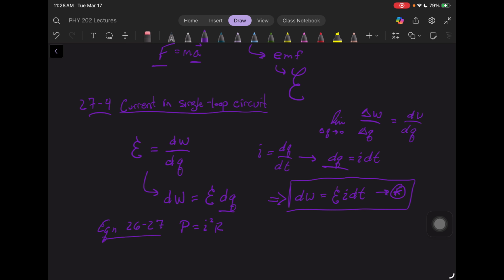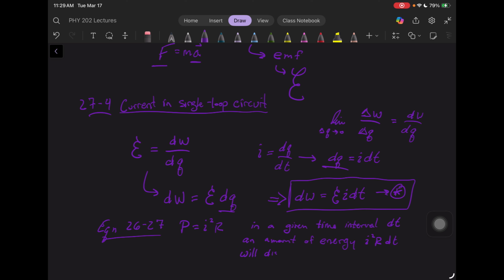And that tells us that in a given time interval dt, an amount of energy I squared R dt will appear in a resistor as thermal energy.